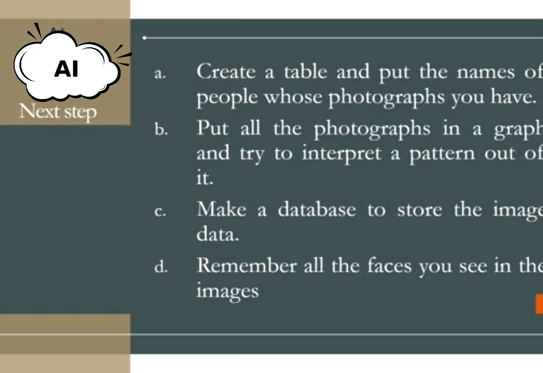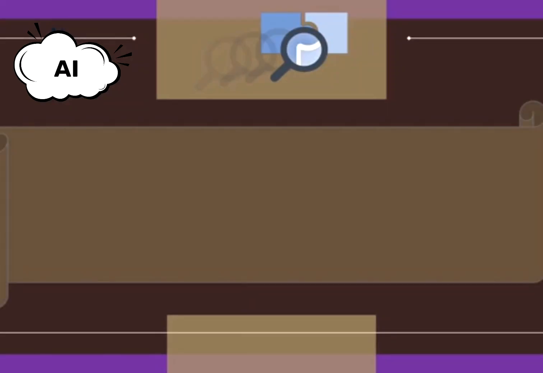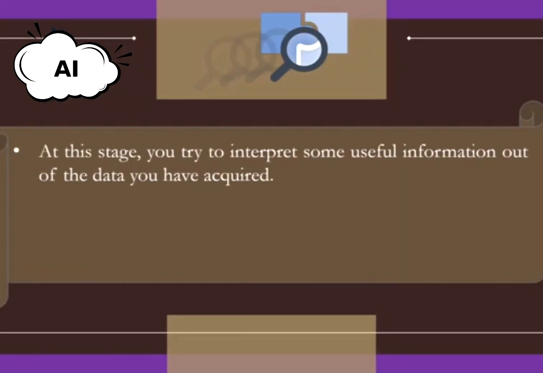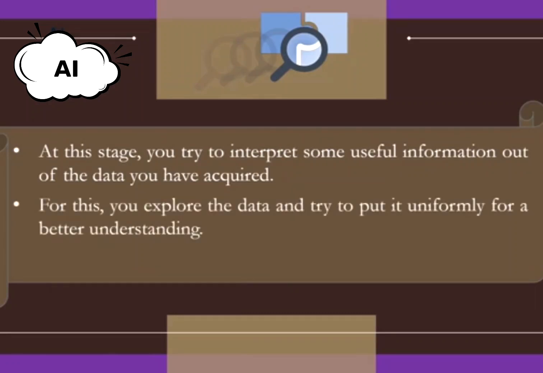We can train our AI model to remember all the faces that are there in the database to see the images. So this is the third stage where we try to interpret some useful information and explore the data and put it uniformly for a better understanding. So the third stage of AI project cycle is data exploration.